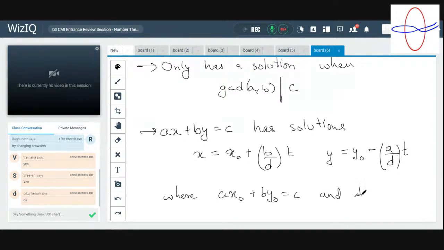And the d is just the GCD of a and b. So if you have one solution, you can cook up as many as you want, for all t belonging to the integers. So any value of t will output one more solution to the original Diophantine equation.